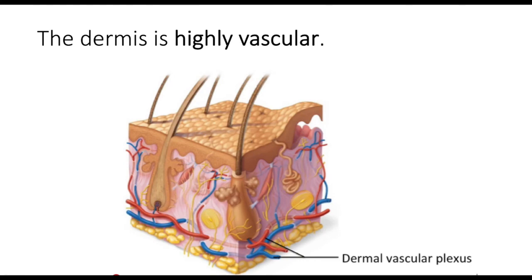By vasoconstricting, they will prevent heat loss. By vasodilating, they will promote heat loss and sweating. On the next page, we're going to talk about the deepest layer of the skin, which is called the hypodermis.